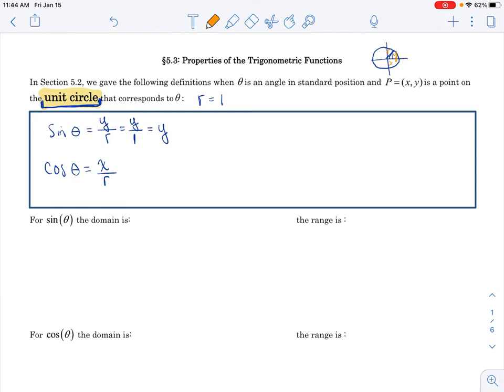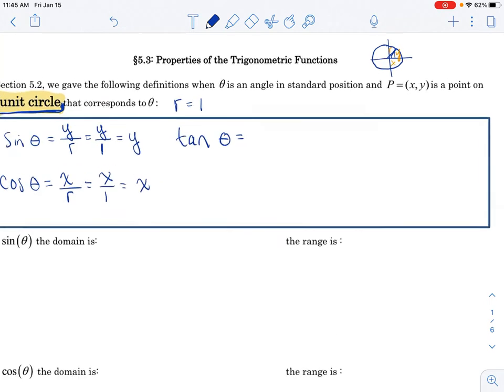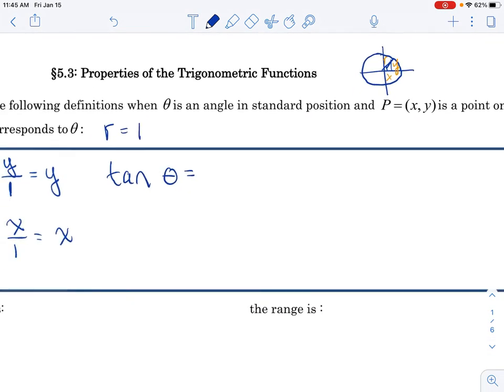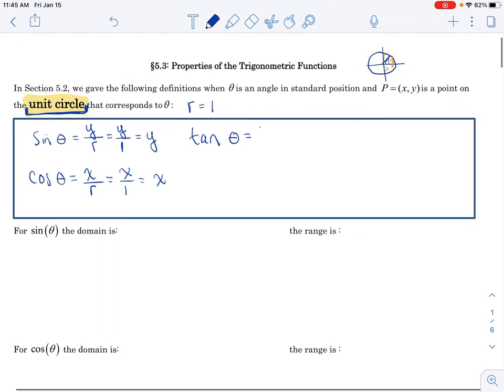So if you're doing cosine, it's adjacent, so that's x over your hypotenuse. My hypotenuse is 1 when I'm in the unit circle, so we just get x. The next definition is tangent. That definition is opposite over adjacent, so in that triangle, that would be y over x.